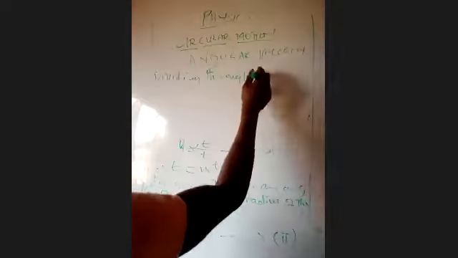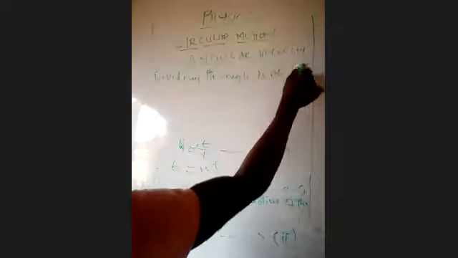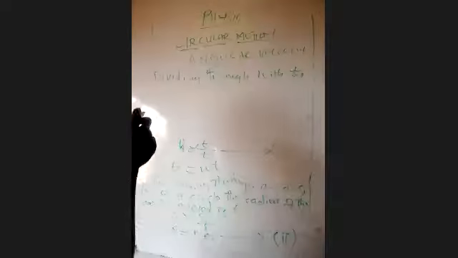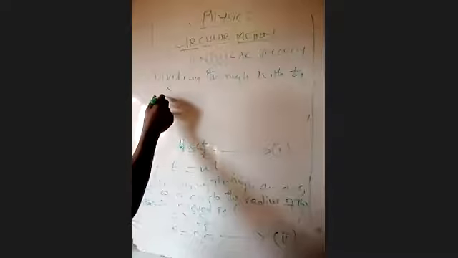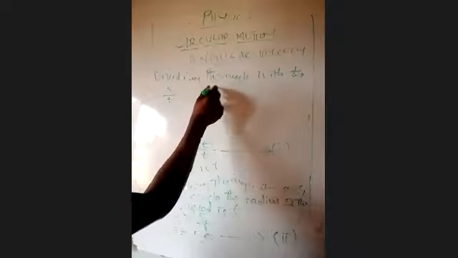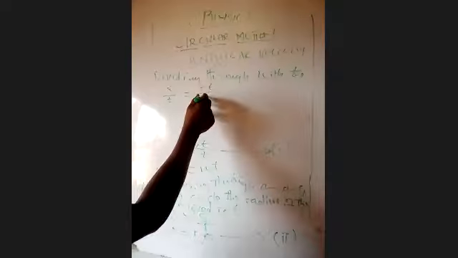Divided through by t, then this will be S over t is equal to R theta all over t.